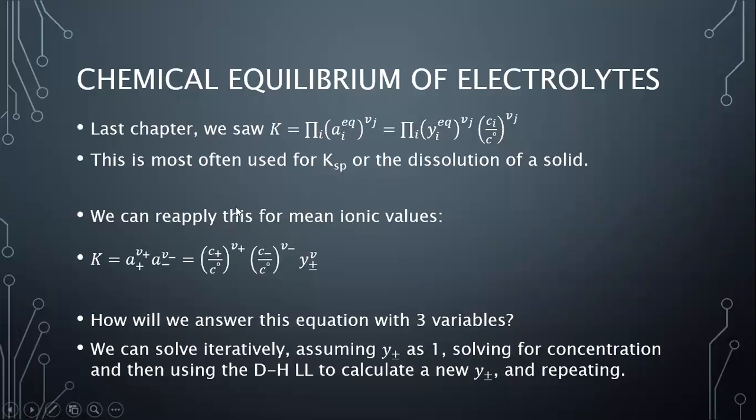So we're essentially reapplying this: K is going to be the activity of the cation to the power of the cation coefficient times the activity of the anion to the power of the anion coefficient, or essentially the concentration of the cation raised to the power of its coefficient, times the concentration of the anion raised to the power of its coefficient, times the mean ionic activity coefficient raised to the power of the total coefficients.